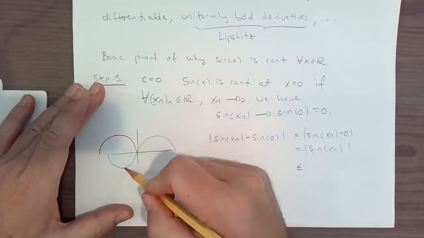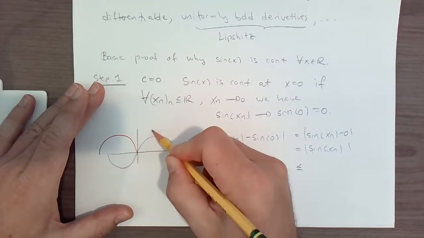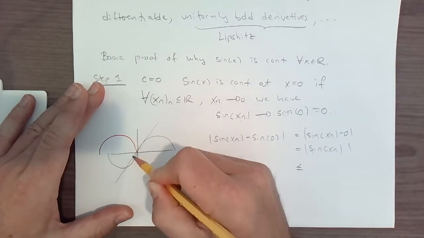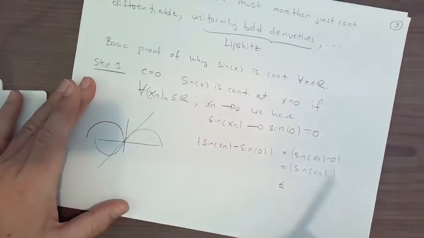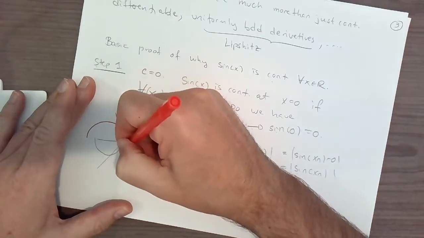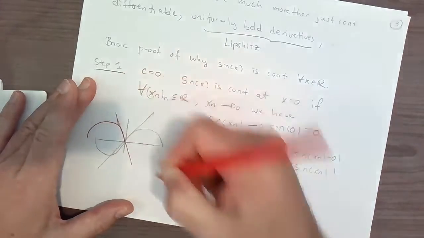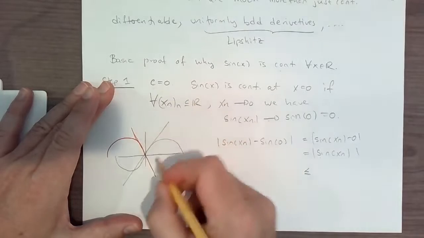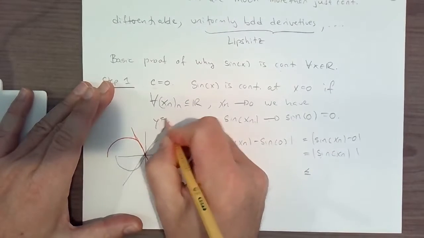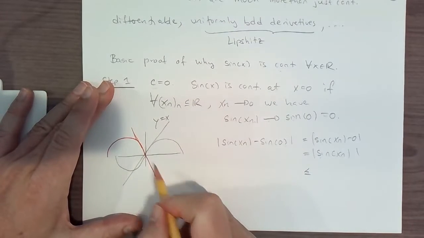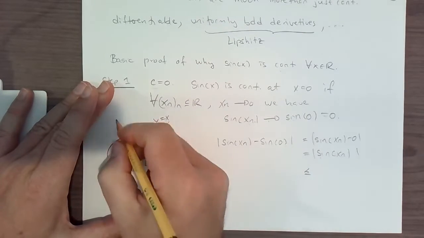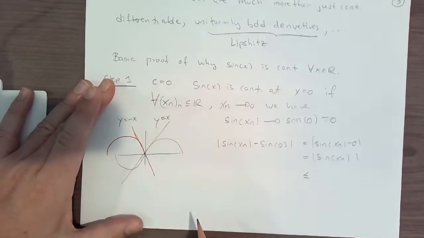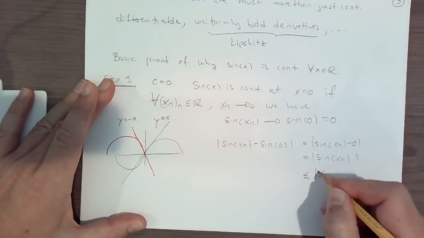There's something here. If I looked at a straight line here, and I will look at a straight line over here. On the pencil line, this is just y equals x, and on the other side, this is y equals minus x. So what I have here, this is xn.